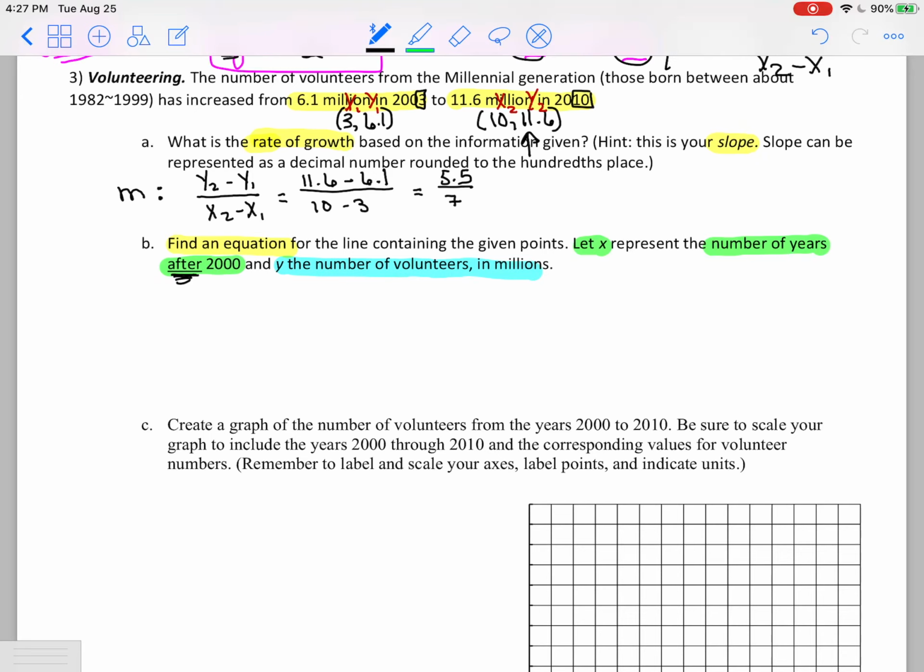Now, we would never want to use this as our slope. We have a decimal in the numerator, and that's just ugly. So if we take our calculator and take 5.5 divided by 7 and round that to the hundredths, we're going to get a slope of 0.79. That works a lot better than 5.5 over 7.